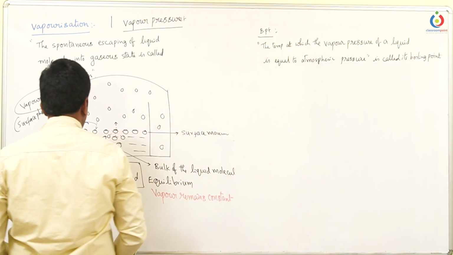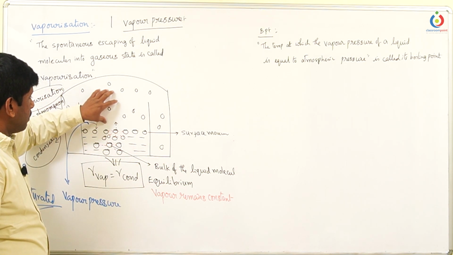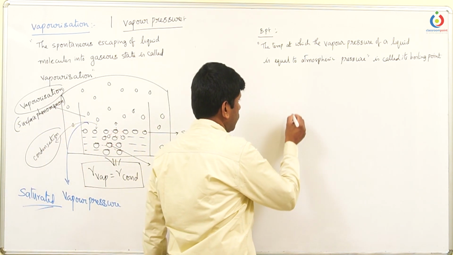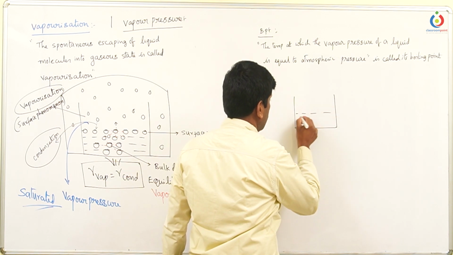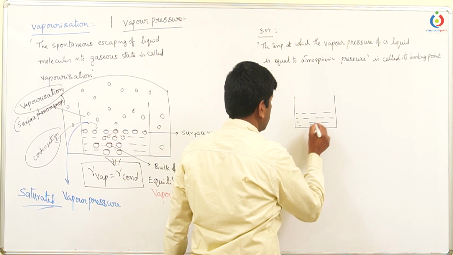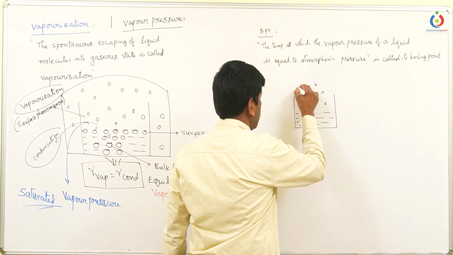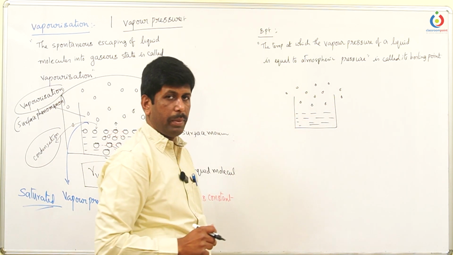So that means whatever vapor is created must be equal to the atmospheric pressure. I will take an open container now. Liquid in the open container, and the molecules normally vaporize at normal temperatures also, which we call the vaporization process.